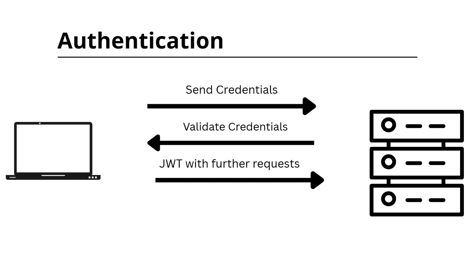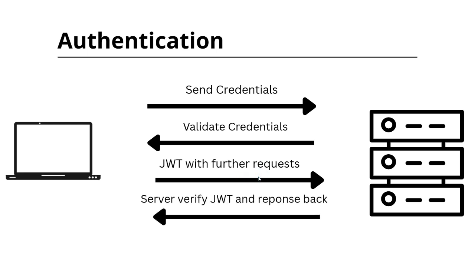And the server is able to verify that the token is valid without needing to make a call to a database. So the server verifies the JWT token and sends back the response. This is a simple scenario of how the JWT token works between the two parties, client and server. So next step, let's open VS Code and implement that.